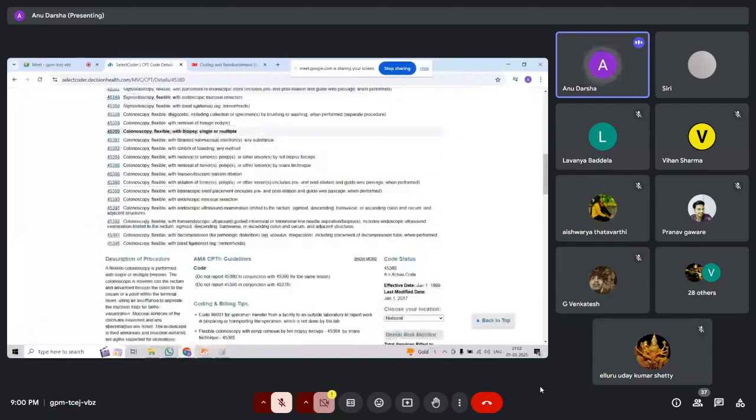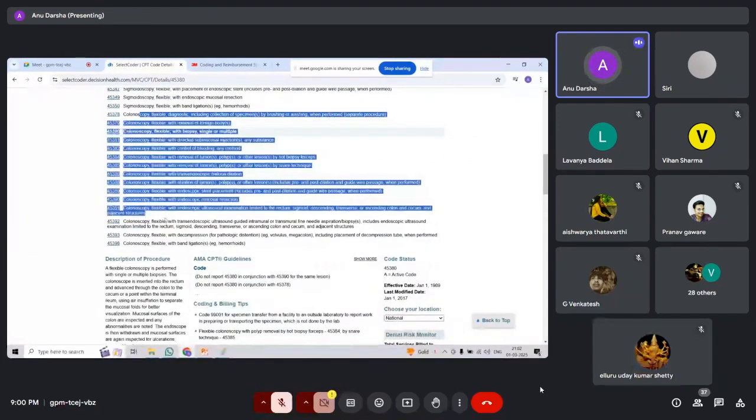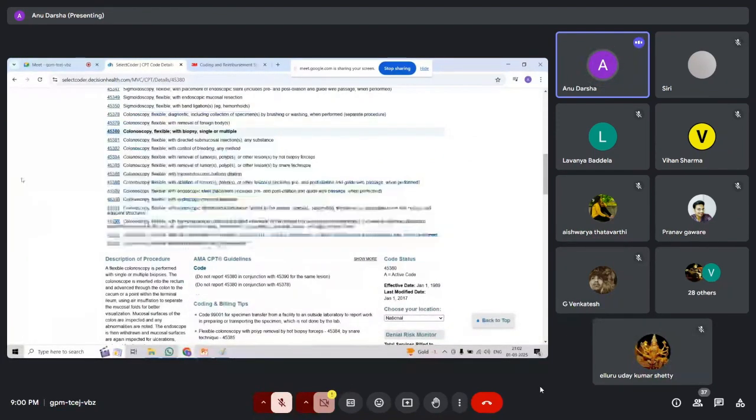So if you see, these are all the colonoscopy code ranges we have. Taking from this diagnostic one, this is for removal of foreign body, this is for biopsy, this is for injection, control of bleeding, polyp, so many things are there.